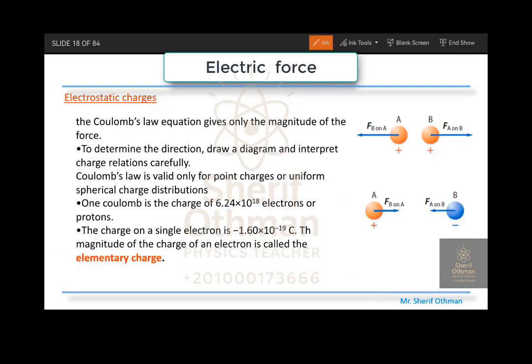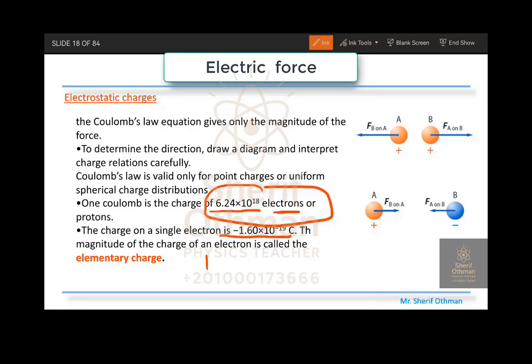One Coulomb, guys, is the charge of 6.24 times 10 to the power 18 electrons. So one Coulomb is equal to the charge of this number of electrons.